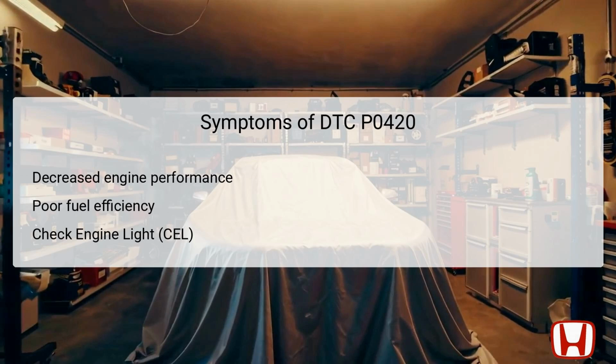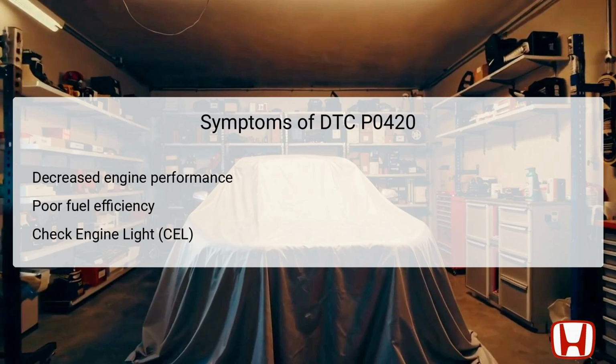The check engine light, CEL, will illuminate on the dashboard, providing the driver with a visible warning that something is amiss. In more severe cases, drivers may experience rough idling or stalling, especially during acceleration.